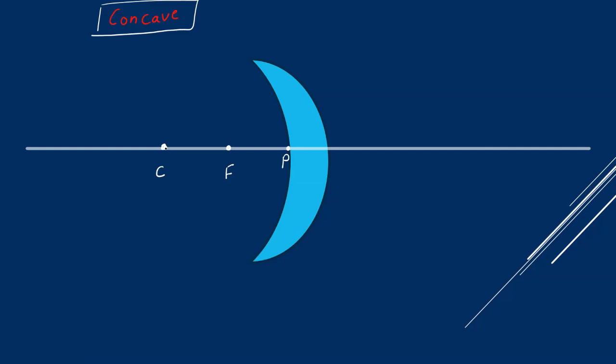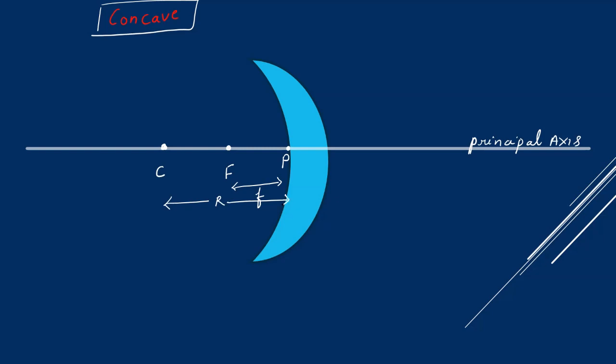The line joining the pole and the center of curvature is also called the principal axis. The distance between pole and focus is called the focal length, and the distance between center of curvature and pole is called the radius of curvature. Okay, all things good.